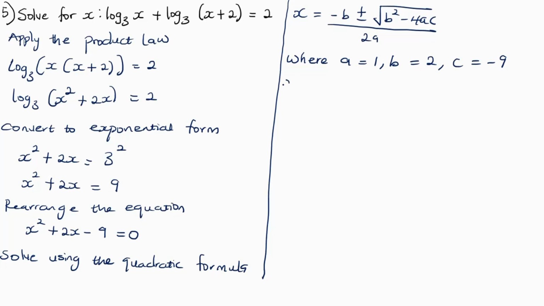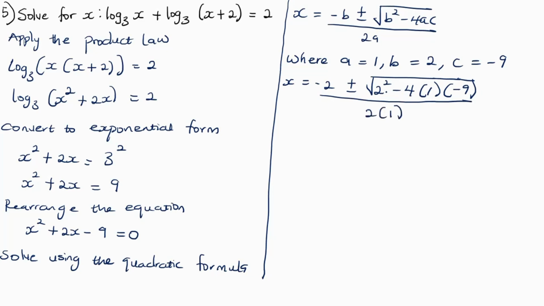So right here we have x is equal to minus b, which is minus 2, plus or minus the root of b squared, which is 2 squared, minus 4 times a, which is 1, times c, which is minus 9, all over 2 times 1, which is 2. So x is equal to minus 2 plus or minus the square root of 2 squared, which is 4, minus 4 times 1 times minus 9, which gives us plus 36, over 2.